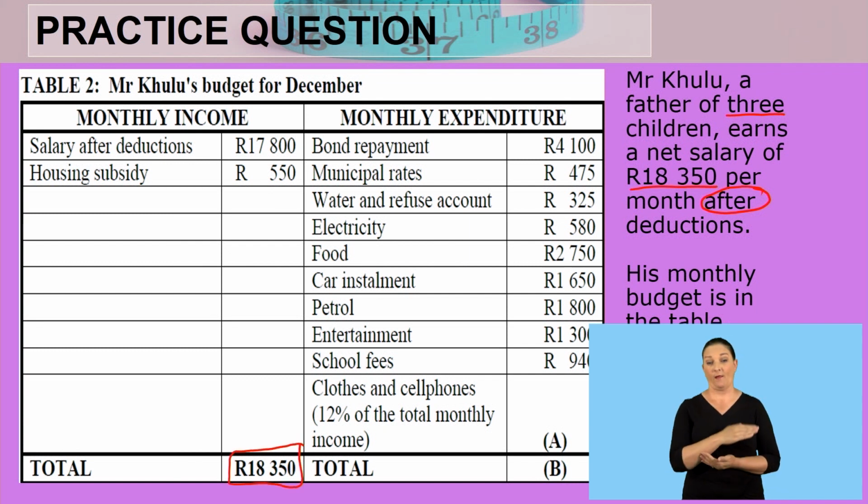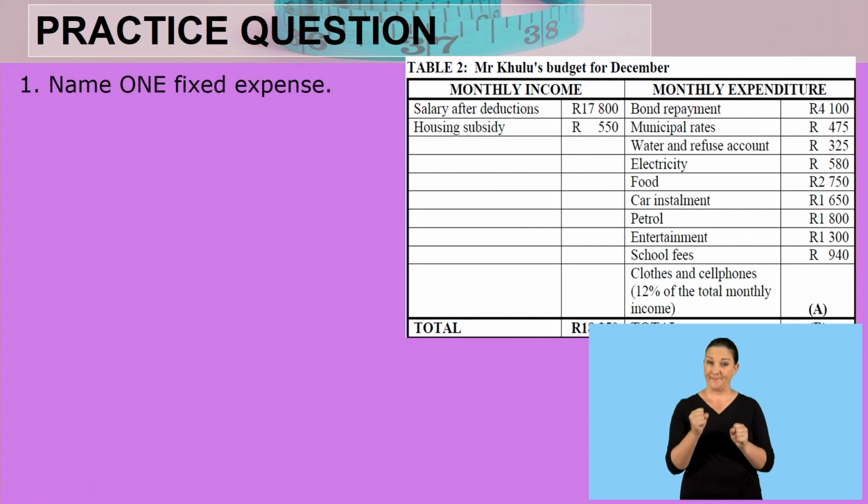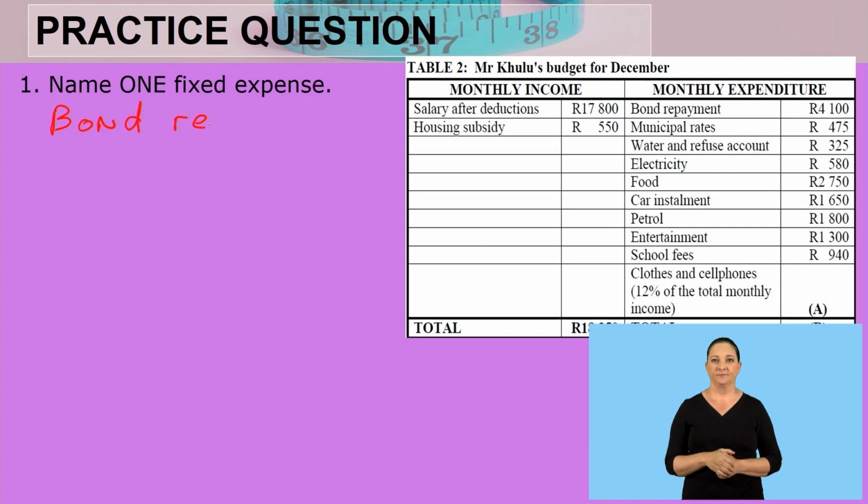And on the other side here, we have monthly expenditure. Name 1 fixed expense. So looking at the list, fixed expense here, I'd go with bond repayment.